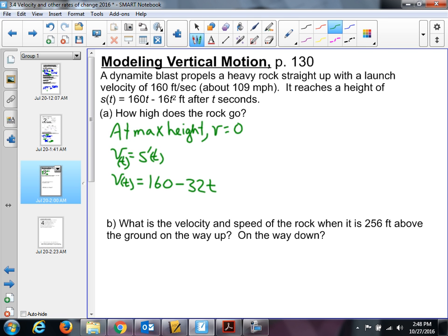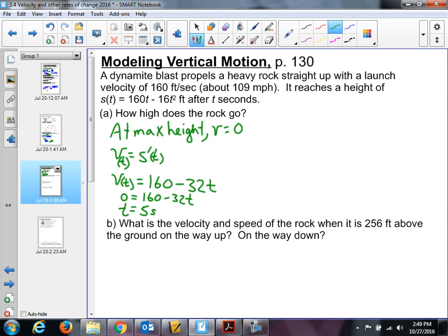Y'all agreeing? What do we know about the velocity at the max height? It's 0. We just said that, right? Max height, v equals 0. So 0 equals 160 minus 32t. I sure hope you can solve that, so I'll solve it for you. You would add the 32t to the other side. 32t equals 160, right? 160 divided by 32. You got me? 5.